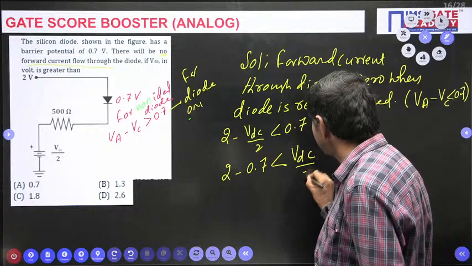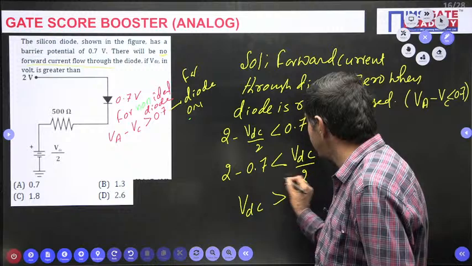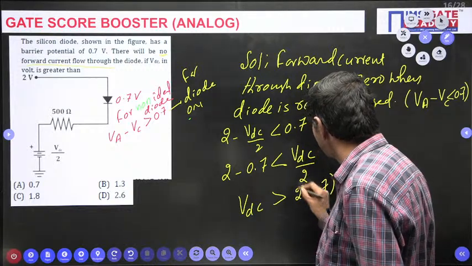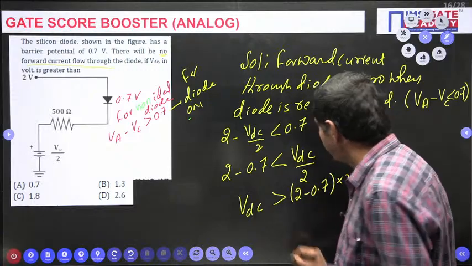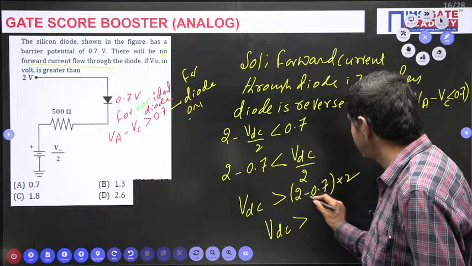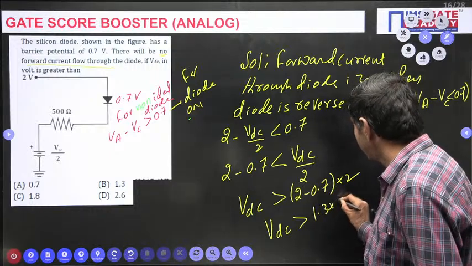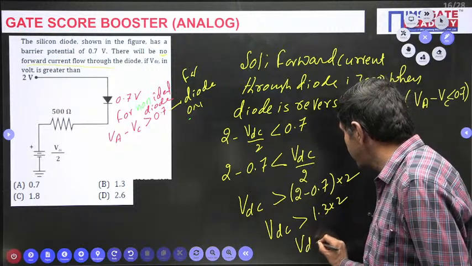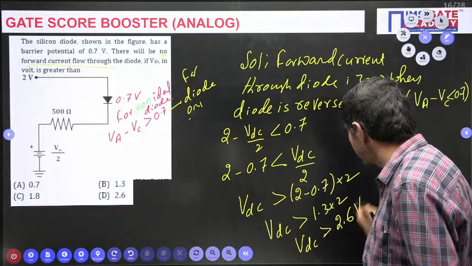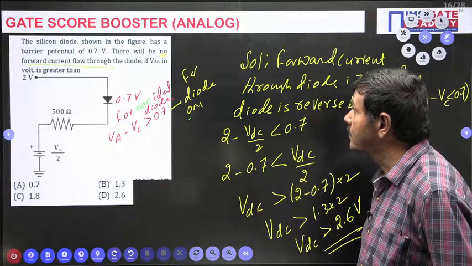So VDC is greater than (2 minus 0.7) into 2, which is 1.3 into 2. The answer is VDC must be greater than 2.6 volts.